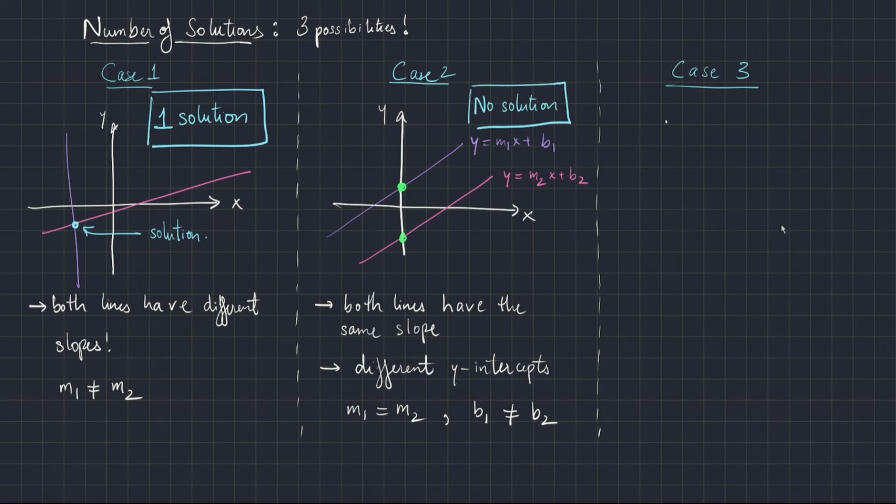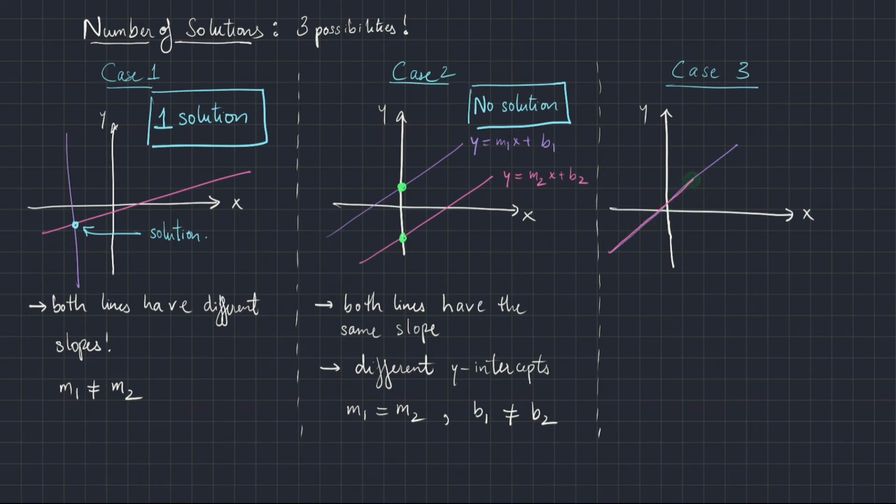Now for case 3, we have to imagine two equations which look very different, but when you graph them on the x and y axes, they have the same graph. So in such a situation, if this is my x and y, let's say my first line looks like this. My second line is also going to look like this.